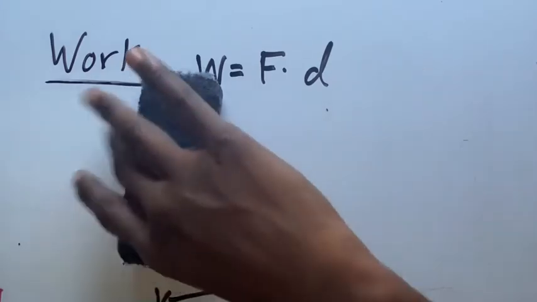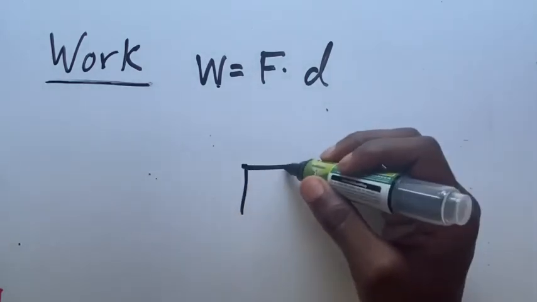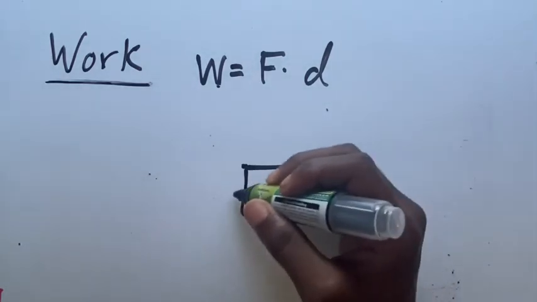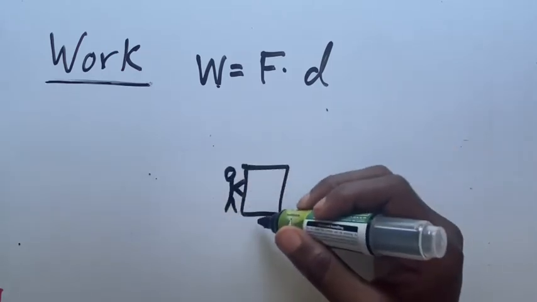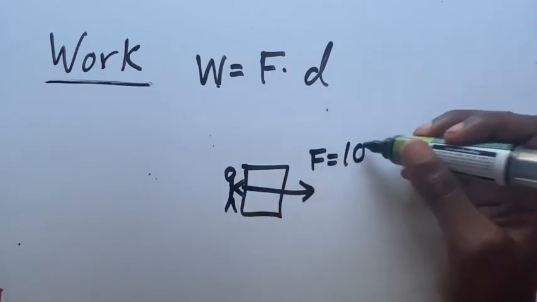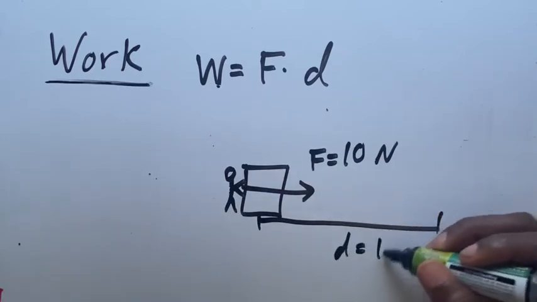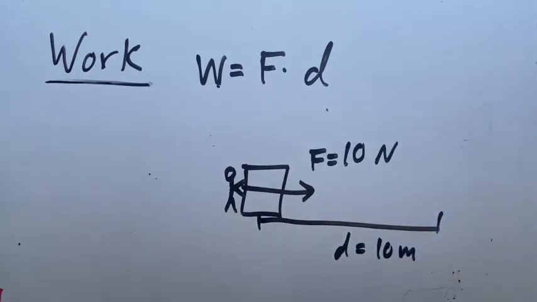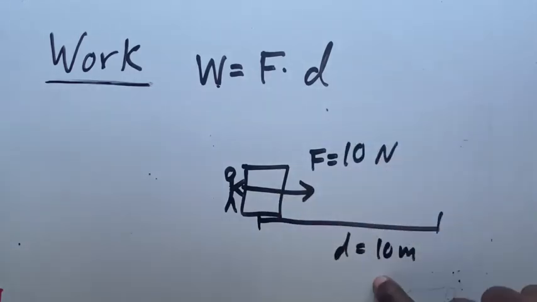So an example would be if there's some box here, and you push on this box with the force of 10 newtons. Let's say you push it 10 meters. Then the amount of work that you did on this box is going to be the force you applied times the distance you moved it.